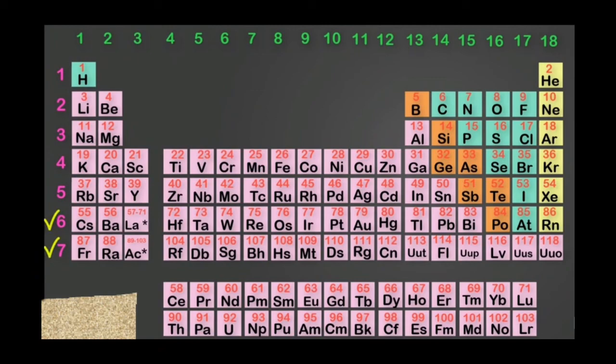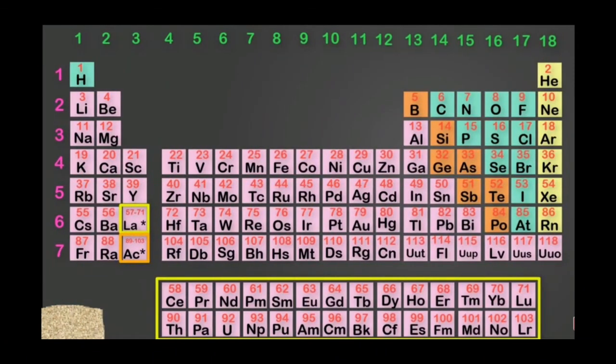Now, look at periods 6 and 7. The elements with atomic number 57 to 71 and 89 to 103 are arranged separately below the periodic table. It is done just to compact the periodic table.